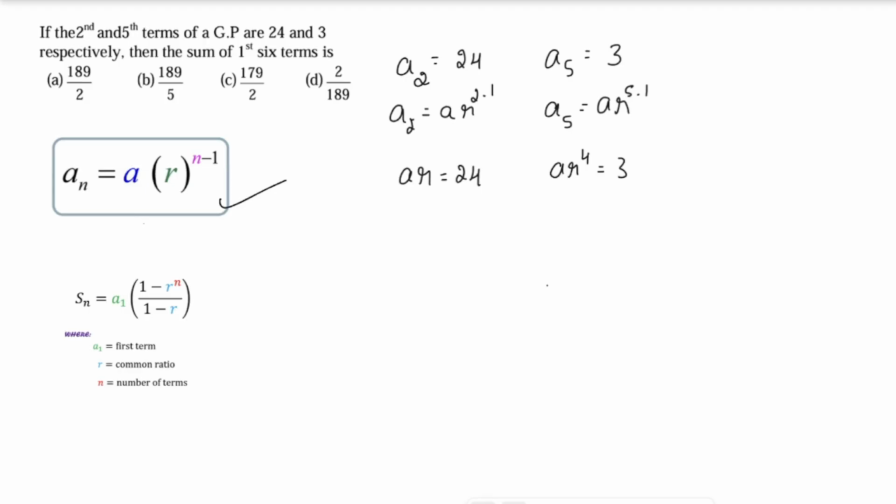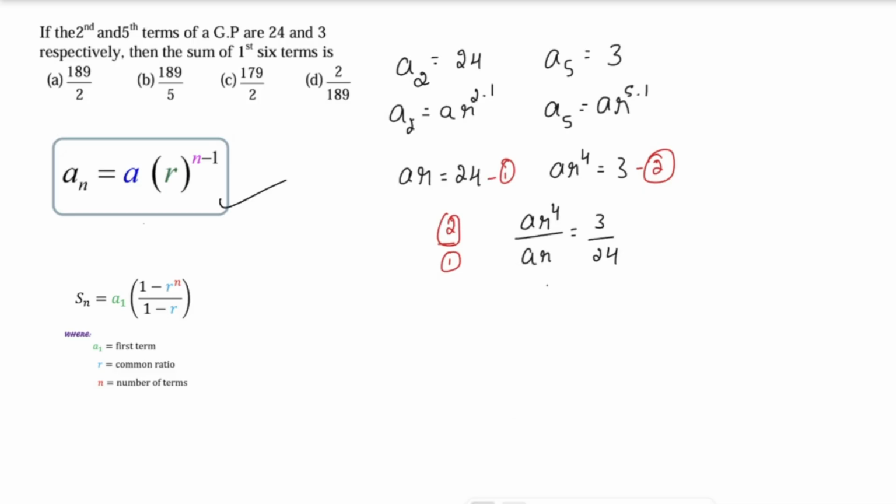Let us consider the first equation as equation number 1 and this as equation number 2. Let us divide equation 2 by equation 1. A R power 4 divided by A R is equal to 3 divided by 24.